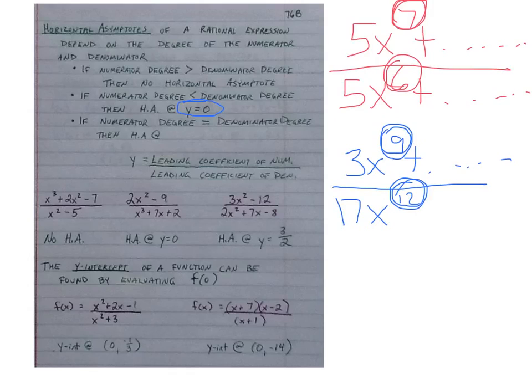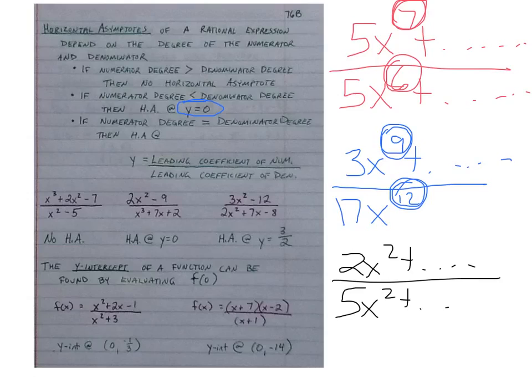And then finally, if we have a condition where the degree is the same, 2x squared plus and so on over 5x squared plus and so on, then the horizontal asymptote occurs at the ratio of the leading coefficients. So we take the leading coefficient 2 and the leading coefficient of 5, so we would get a horizontal asymptote at 2/5.